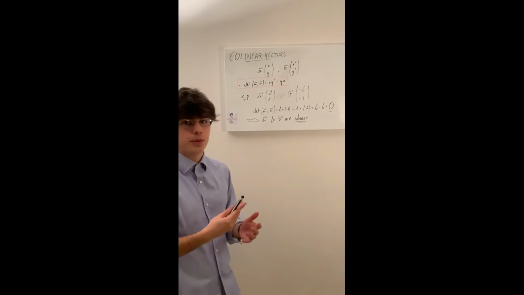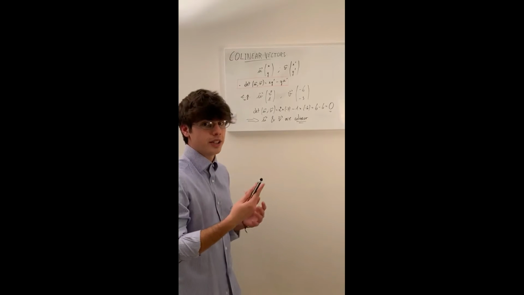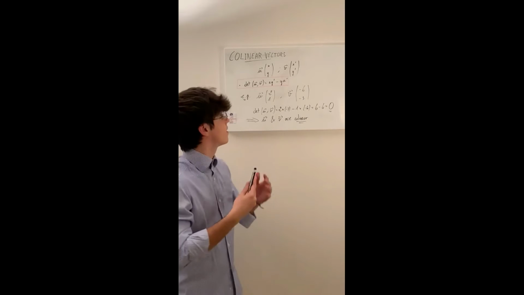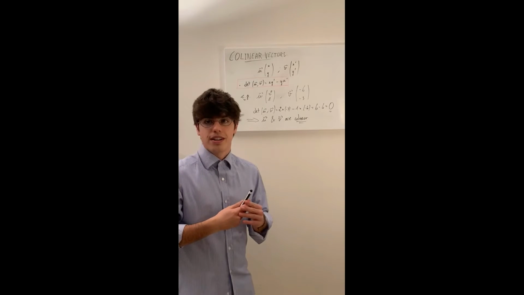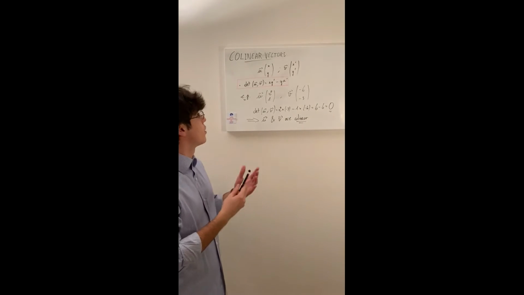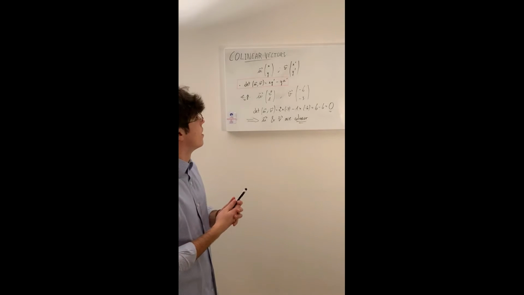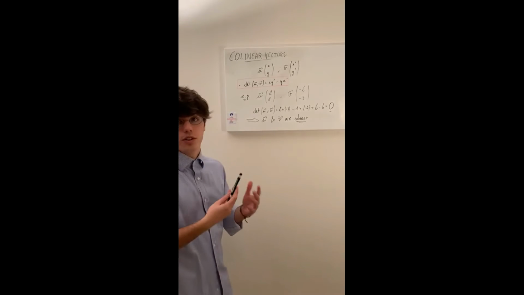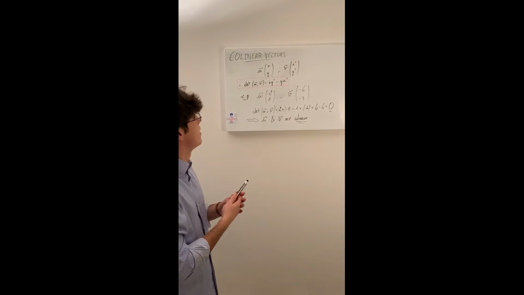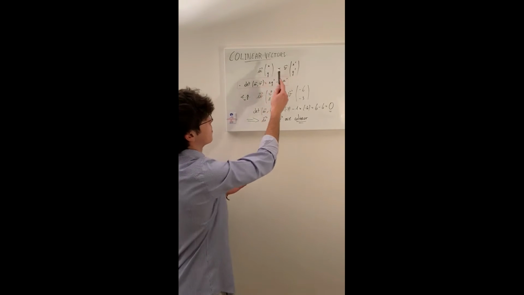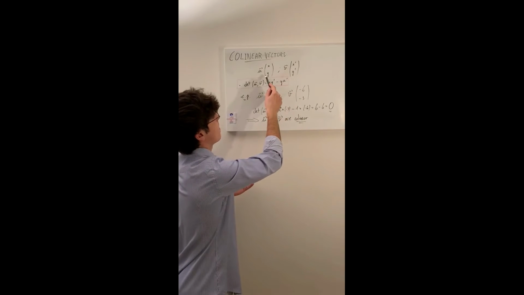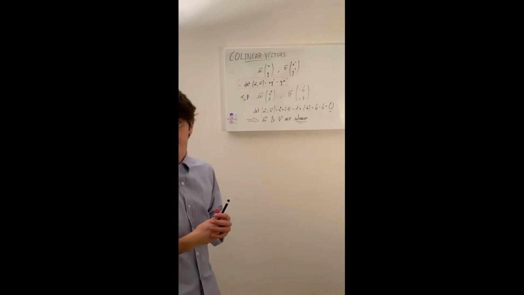In order to determine whether they are collinear or not, we have to calculate what is called the determinant. In this case, the determinant is equal to the cross product of the coordinates of both vectors, so it is equal to x times y prime minus y times x prime.